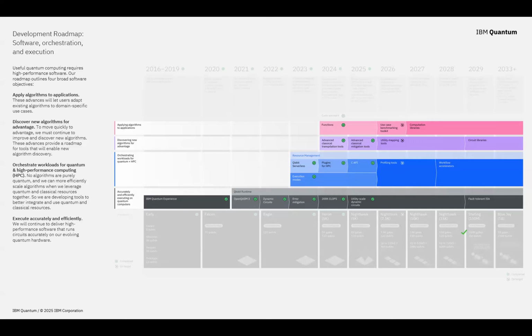One big change right now is the C language API, because we know that a lot of HPC systems and HPC use cases are using the C language. That's why we're adding this C API into the systems. Another important thing for us is how you can run circuits accurately and directly on the hardware.